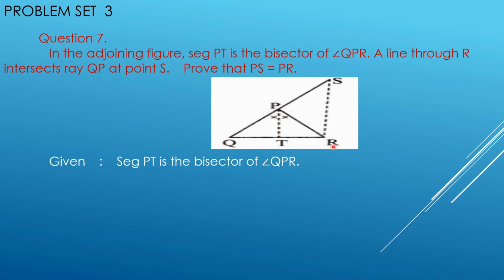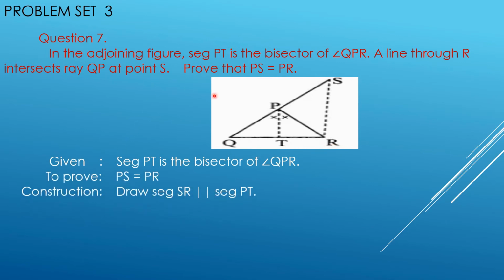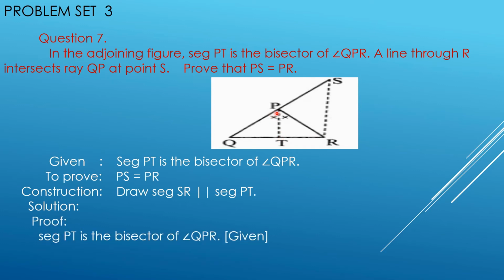Then what we have to prove? To prove: PS is equal to PR. Construction: draw segment SR parallel to segment PT.